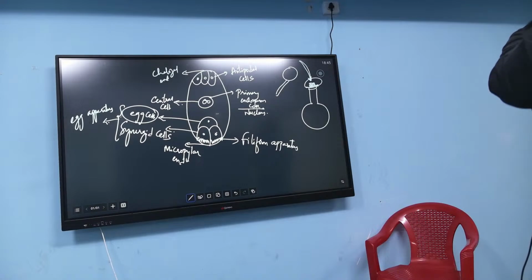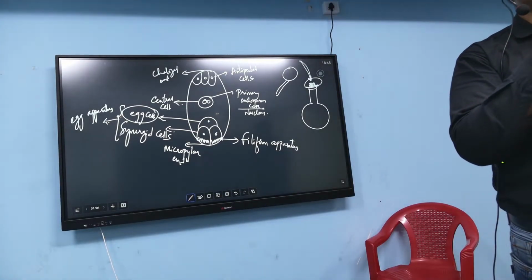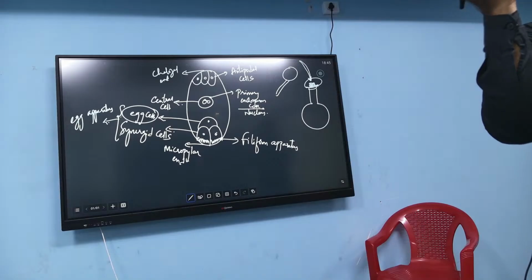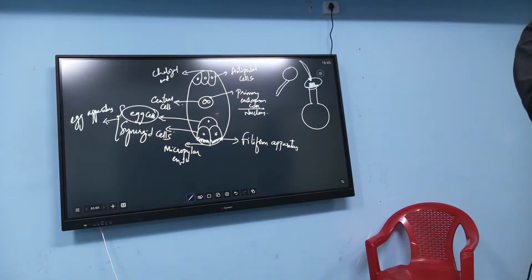Gynoecium composed of stigma, directly stigma. क्या लिखाया था सो, मैं pistil or carpel, नहीं, gynoecium composed of pistil or carpel.